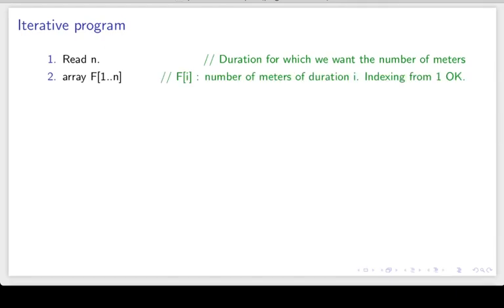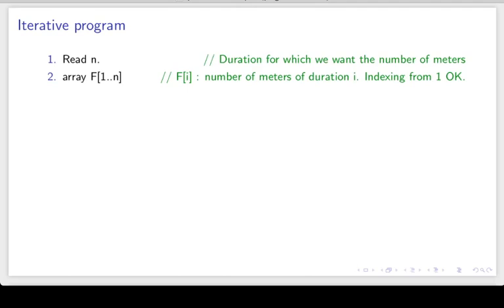It's going to be the count that we want, the number of meters of duration i. And here we are using indexing from 1 going to n, and that is going to be okay in this course. We know that most languages like the indices to go from 0 to n minus 1, but that's okay. These are minor things that we don't really want to worry about in this course.